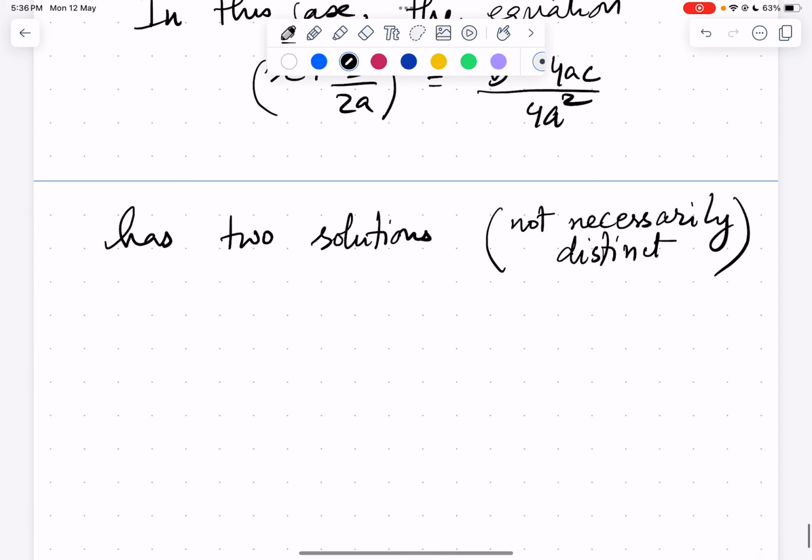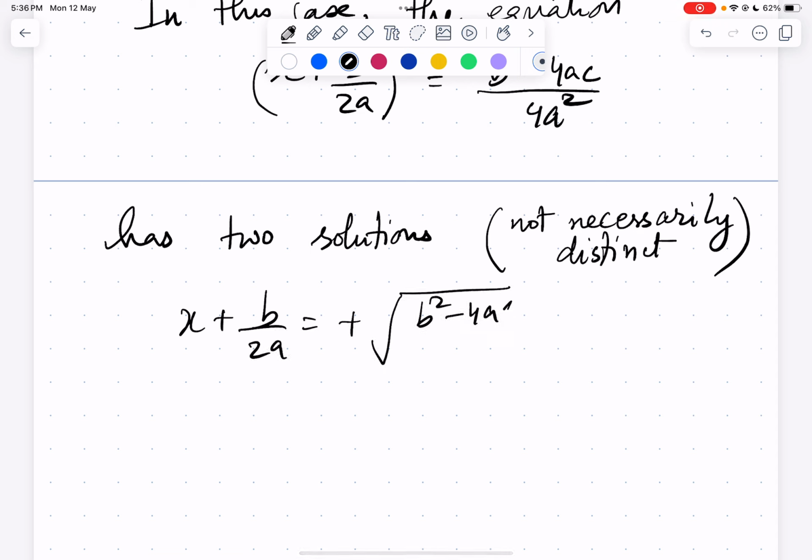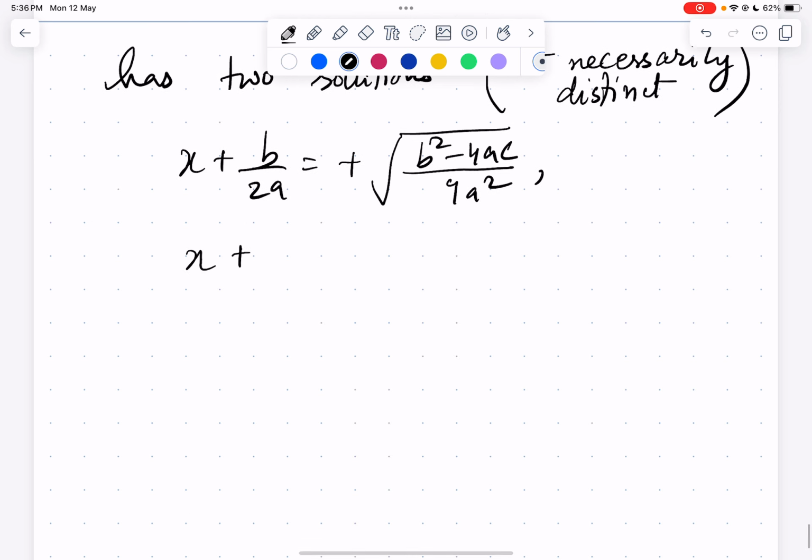So these are the two solutions. x plus b by 2a equals plus root of b square minus 4ac by 4a square, and x plus b by 2a can be minus root of b square minus 4ac by 4a square.